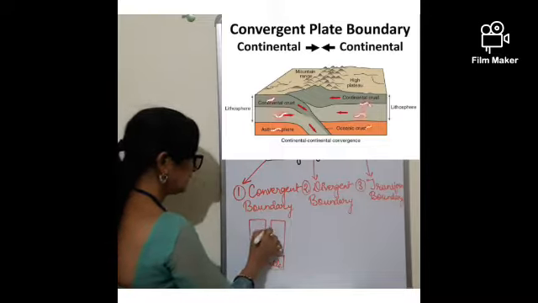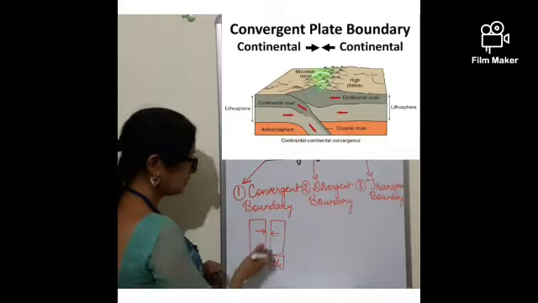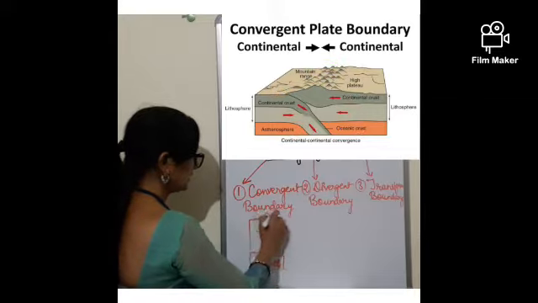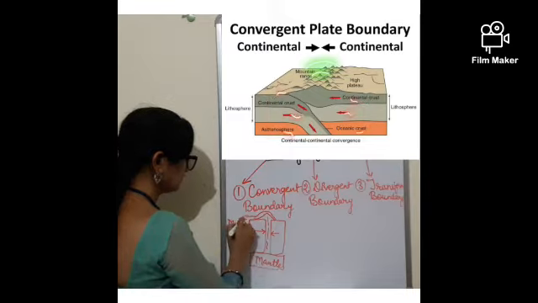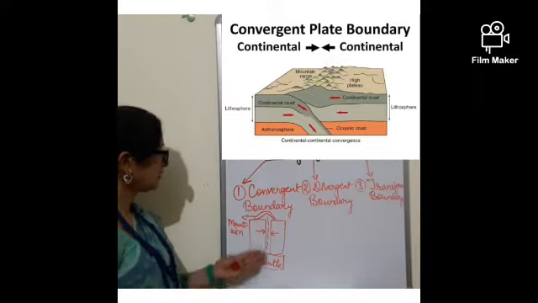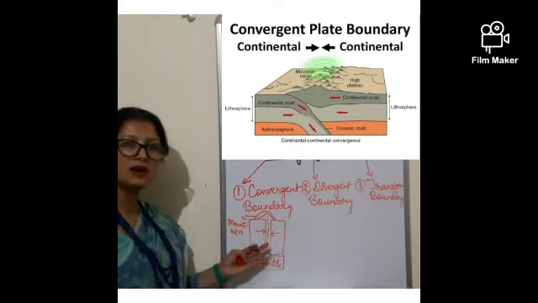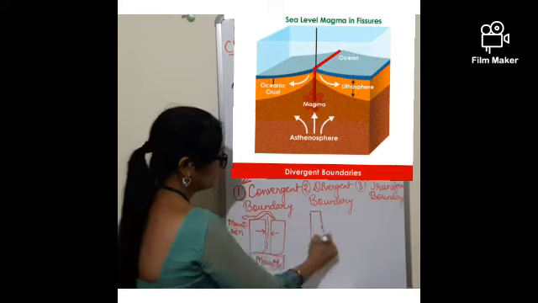The plates come closer to each other, and while coming near to each other, the mantle layer rises and oozes up in the form of mountains. So we can see that due to the movement of tectonic plates under the process of convergence, we get a new form of land, that is called mountains.